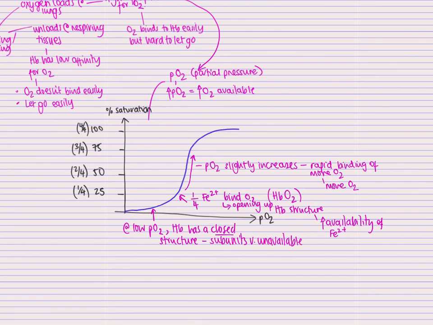So more O2 available, and more open hemoglobin. And by this point, at 75% saturation, we are looking at a molecule like that. Okay, but after this 75% saturation, you can see that the graph starts to plateau.